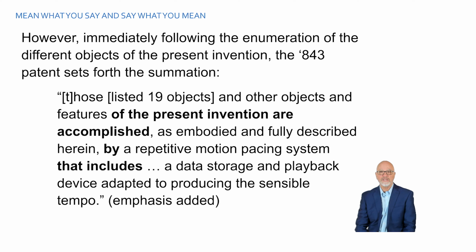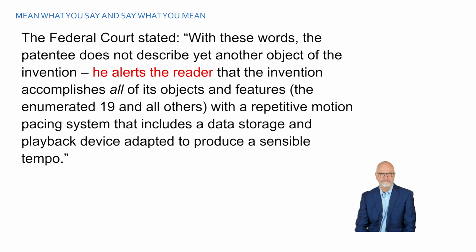However, immediately following the enumeration of the different objects of the present invention, the patent set forth a summation stating that those 19 objects and other objects and features of the present invention are accomplished, as embodied and fully described herein, by a repetitive motion pacing system that includes a data storage and playback device adapted to producing a sensible tempo.